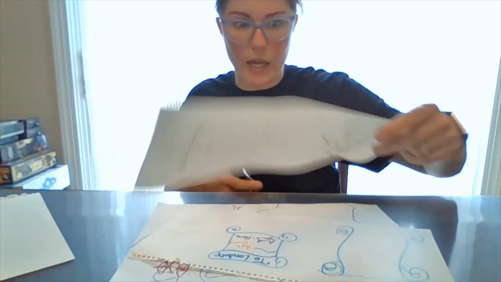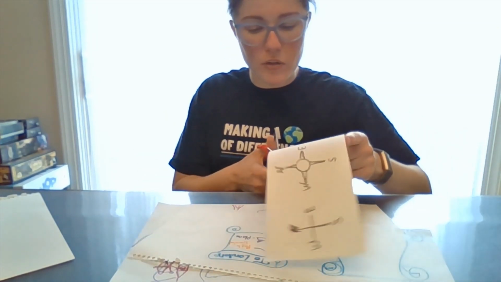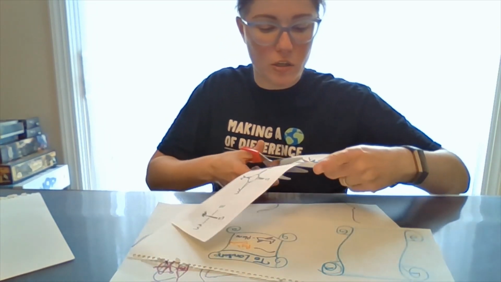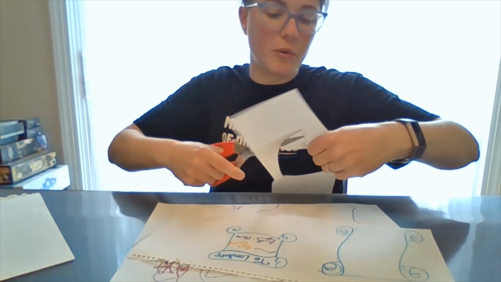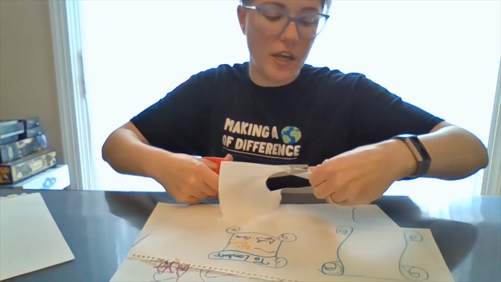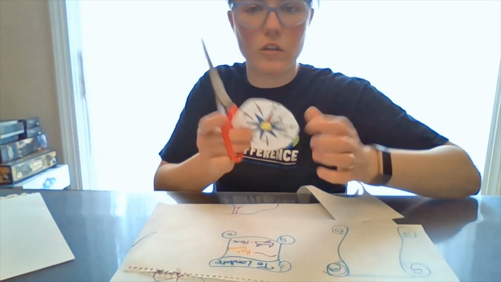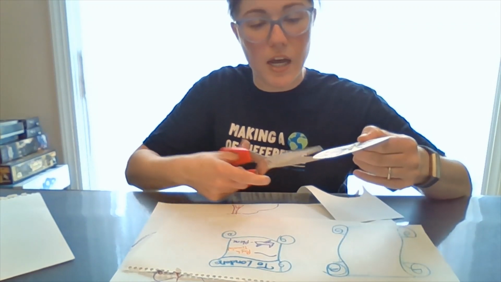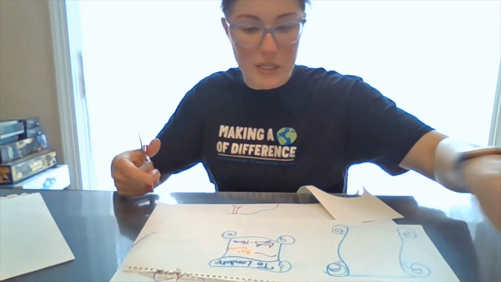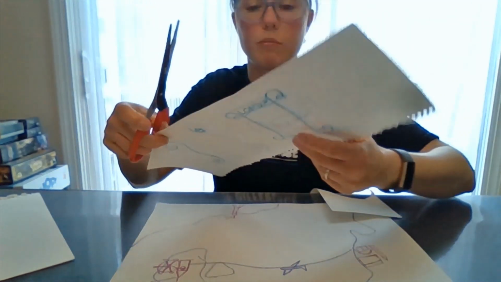You can totally do that. You can also decide how much you cut out. For example, I could just cut a circle around my compass rose, or I could take the time to cut out all of the little pieces. That is very much up to you.